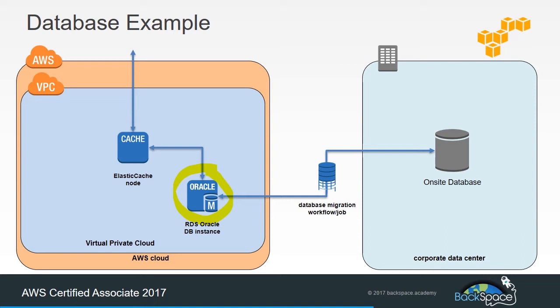And once we've got that up and running, we can then look at creating, using the database migration service, a workflow or a job that will orchestrate the migration of that data from our on-site database through to our RDS instance. Once our RDS instance is up and running, we can start to look at increasing the performance of that. So for example, just say that we were getting a whole heap of requests coming in all at once. How would we manage that?